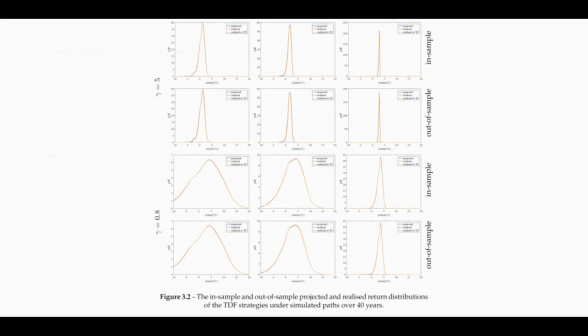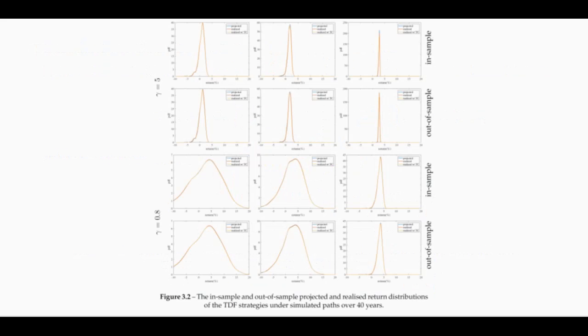We have shown here on this plot the projected and realized return distributions across the 1,000 simulated GOP paths following the corresponding optimal asset allocation calculated under the minimum market model and the benchmark approach.